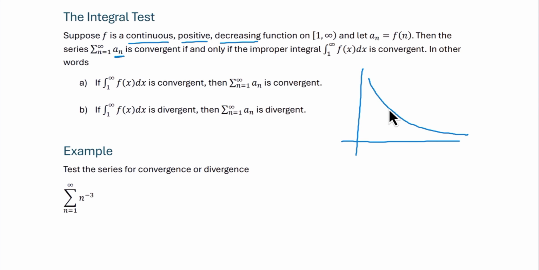If this integral converges, then we can say the series is convergent. Now we don't necessarily know the sum, but we can say that if the integral is convergent, then the series will be convergent as well. Similarly, if the integral is divergent, then we can say that the series is divergent.